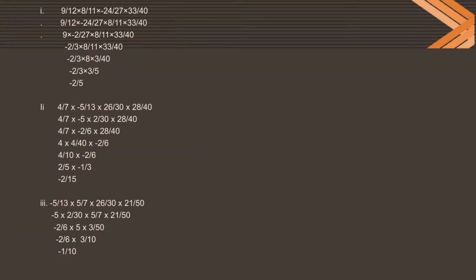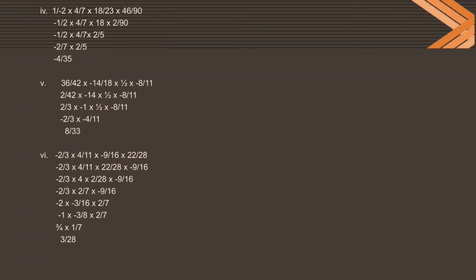Now here you have to cut 11 and 33 by the table of 11, so you will get -2/3 into 8 into 3/40. Because we cut here the table of 8, we will get -2/3 into 3/5, so the answer is -2/5. Now in the same way we have to solve other questions.